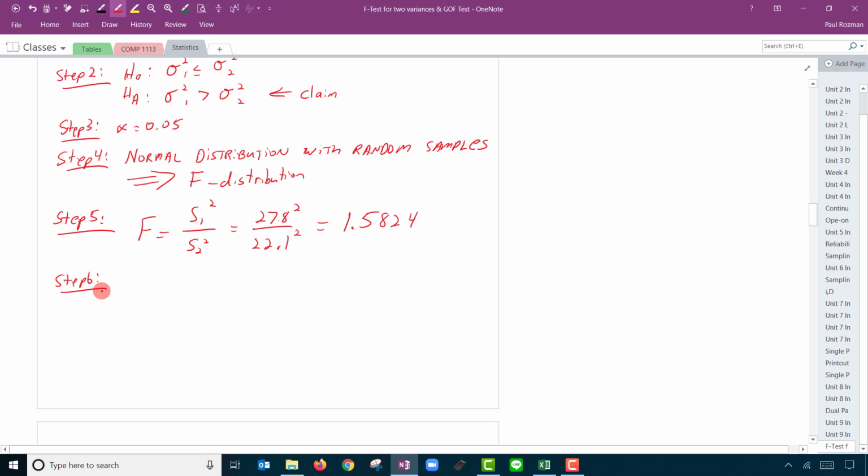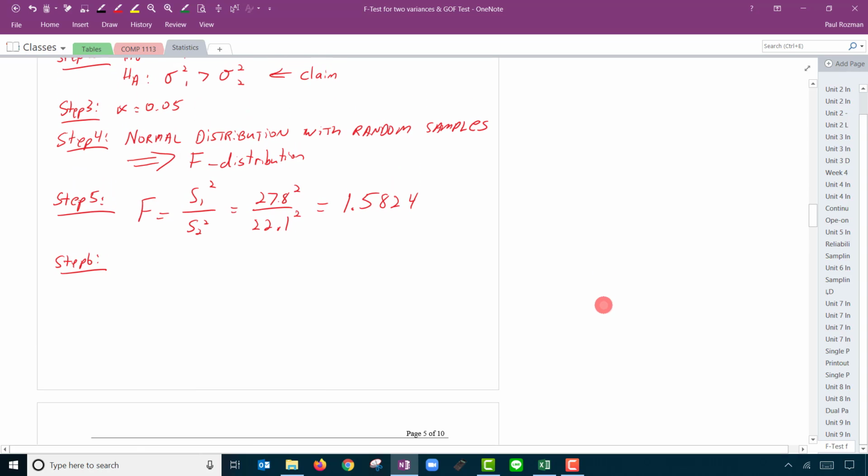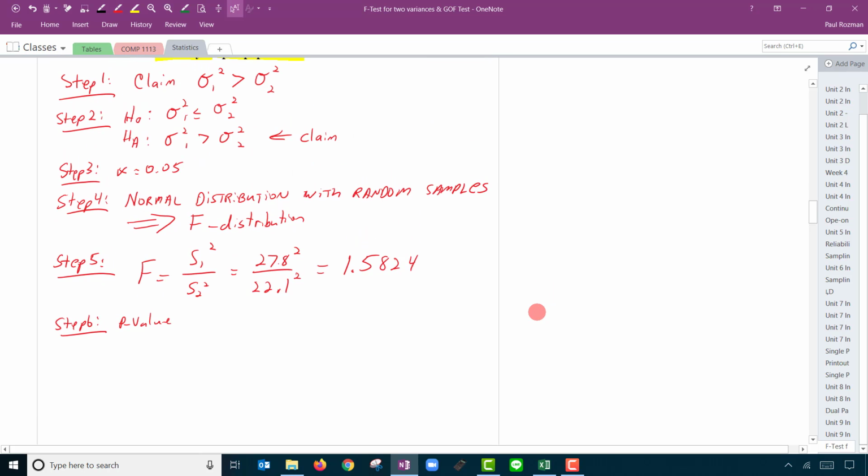Step 6, we have the two methods. Take your pick. It can be a p-value or a traditional. Suppose we do the p-value method. Is this a left or right-tailed test or two-tailed? Well, looking at HA, it's pointing the way.